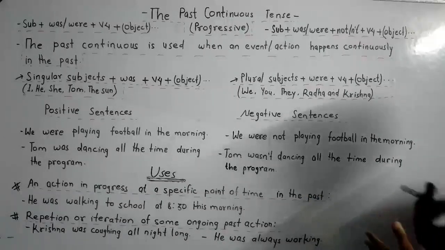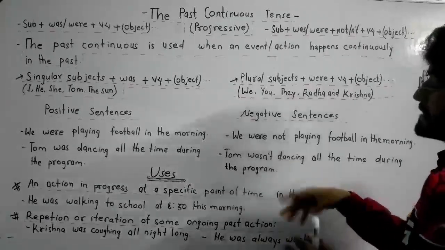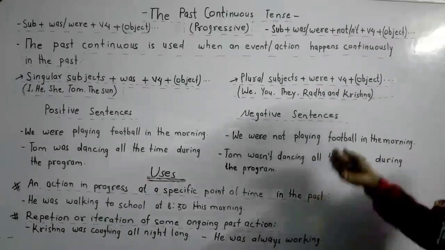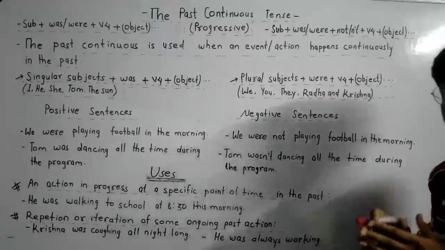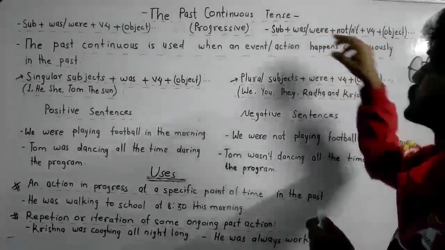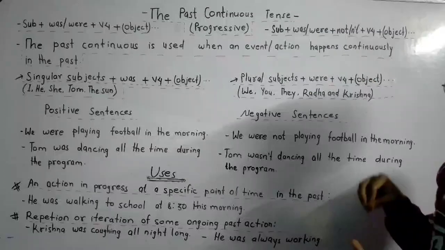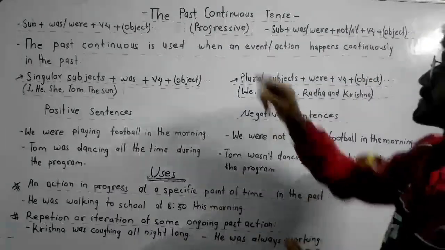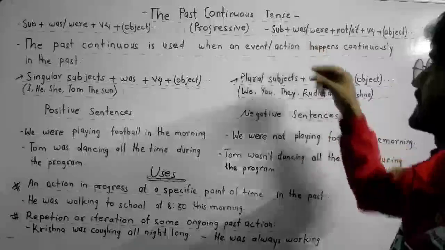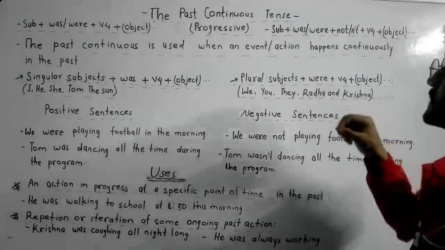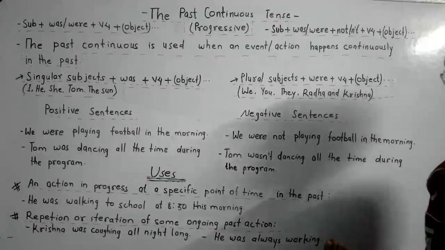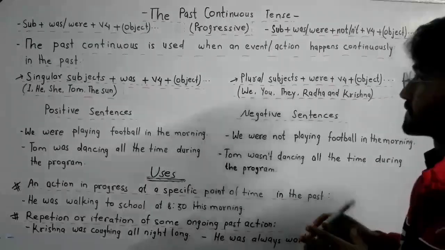And while changing into negative, these two, was and were, are called helping verbs, because with the help of these two verbs we can form the past continuous tense. That's why we call these two verbs helping verbs, also called auxiliary verbs.